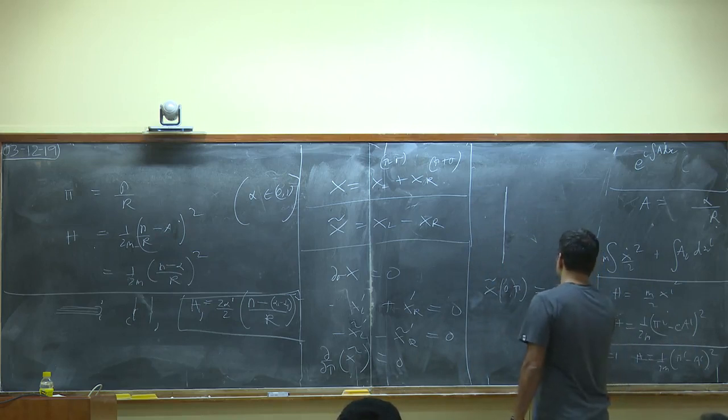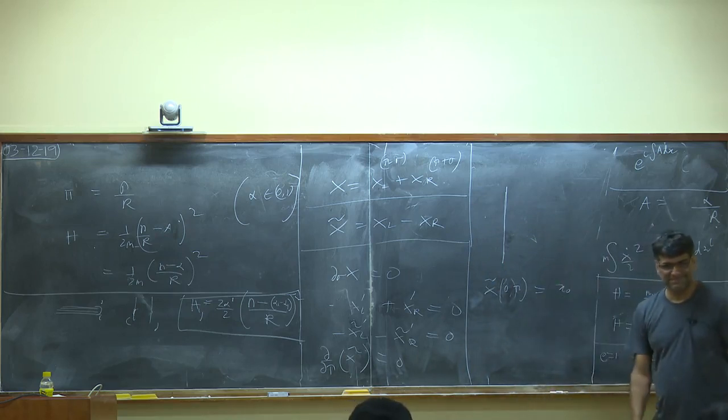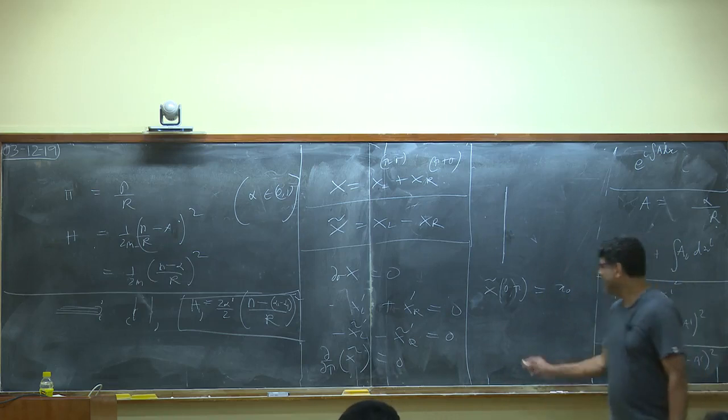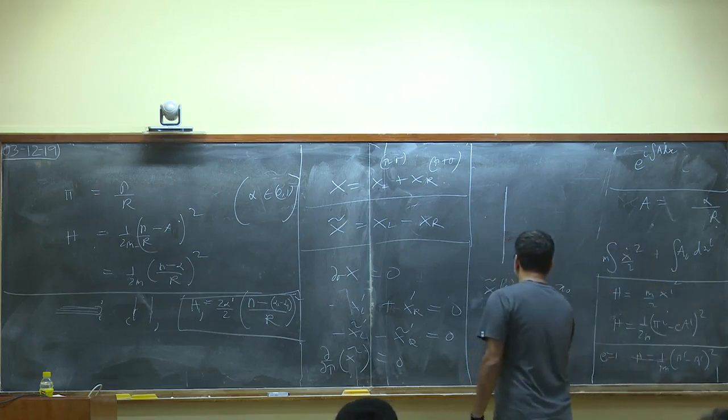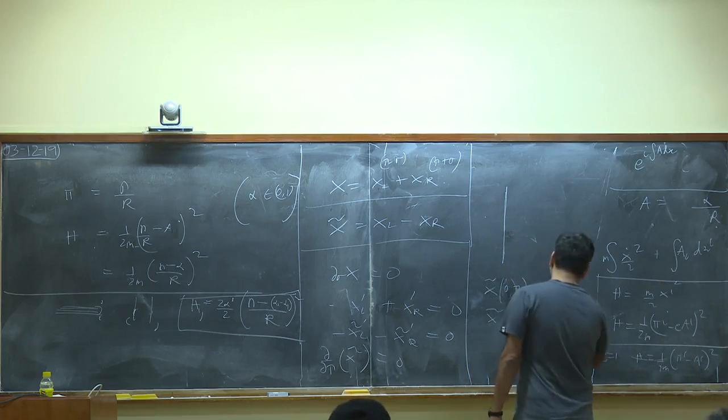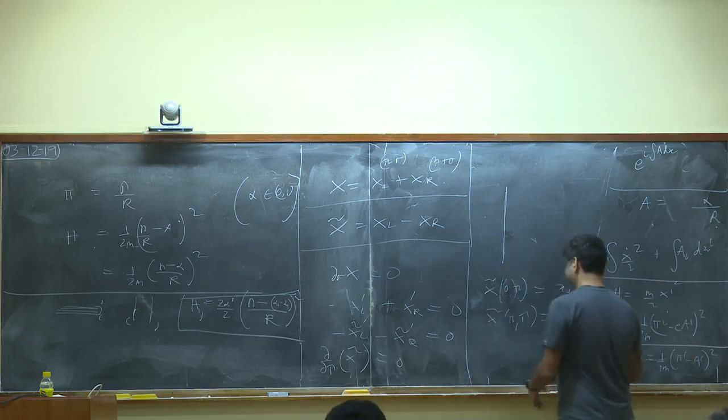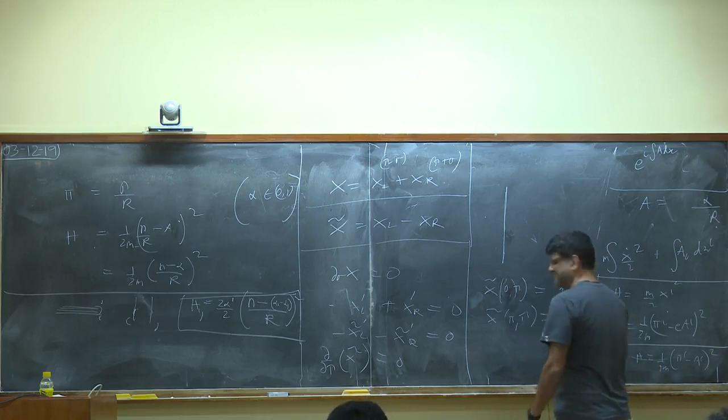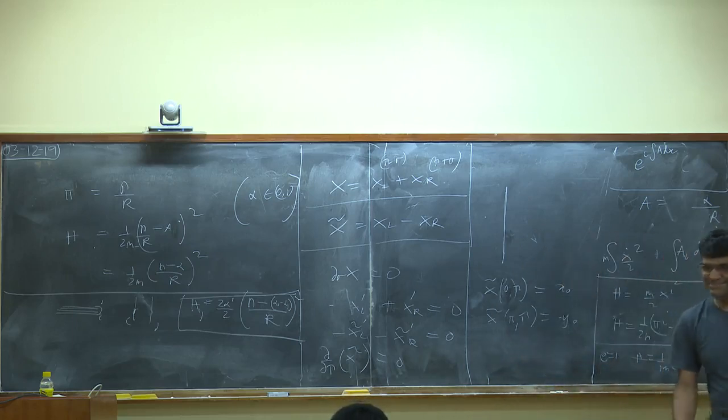Let's call it x naught. And x twiddle at sigma equals pi is some other number. Do you see this is not something we chose? It just happened because of T-duality.